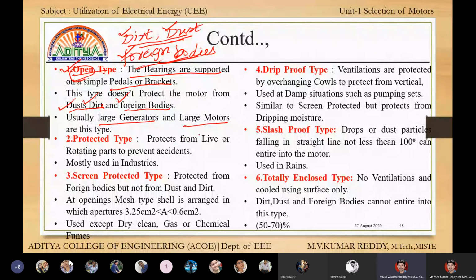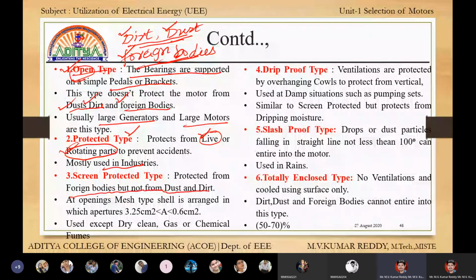In protected type, live or rotating parts, that means live wires and rotating parts, are protected. These are mostly used in industries. Next one is screen protected type, protected from foreign bodies but not from dust.